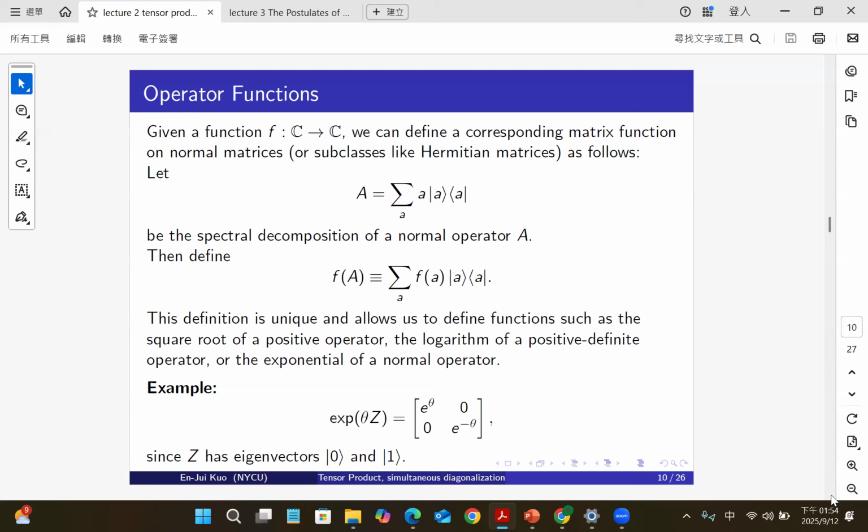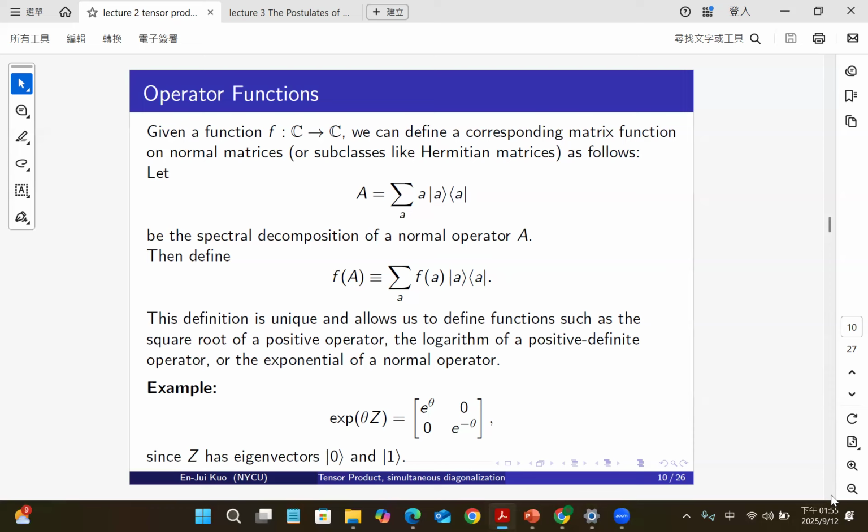The reason is that when A is Hermitian, the previous lecture tells you there is a so-called spectral decomposition, so you can diagonalize A into its eigenvalues and eigenvectors. So I can define f of A to be f applied on the eigenvalues, and this is defined as a matrix called f(A).